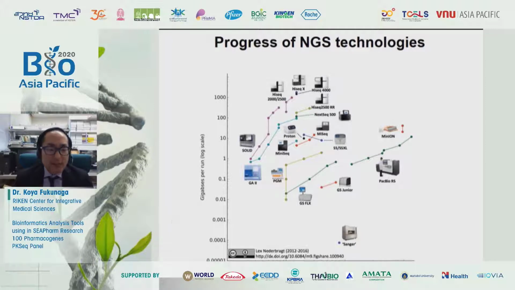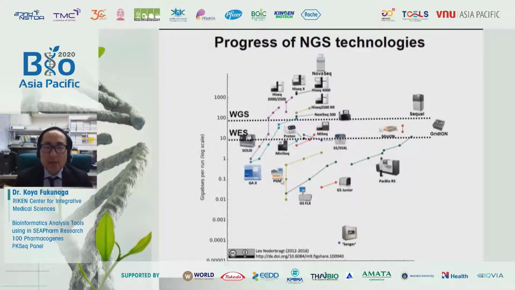NGS instruments have significantly improved the output of the automated Sanger sequencing instruments used in the Human Genome Project. It is important to note that some instruments may outperform Sanger sequencing with respect to read length.